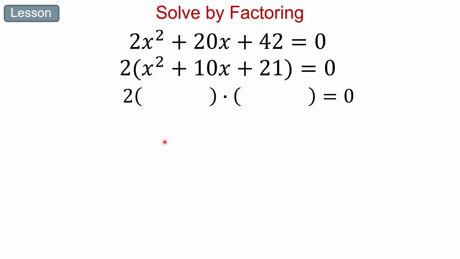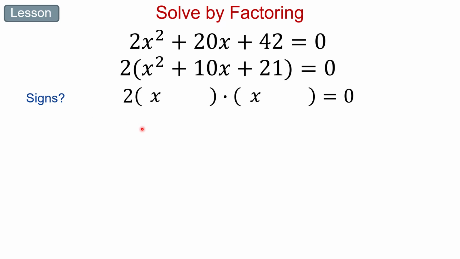Okay, so now we are going to factor the big parentheses into two parentheses. The constant is positive. Therefore, we know that the signs are going to be the same inside the parentheses, and the middle term decides. Middle term is positive. So our first term is going to be x and x, because x times x gives us x squared.